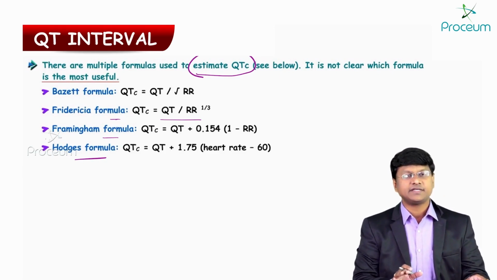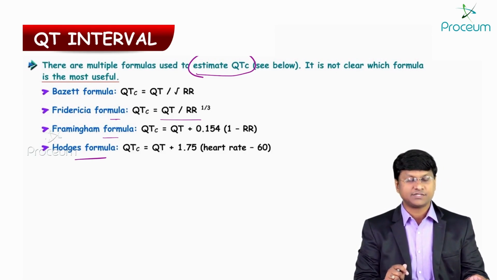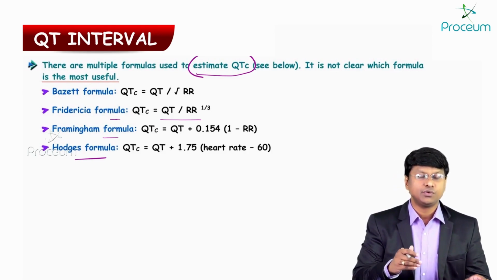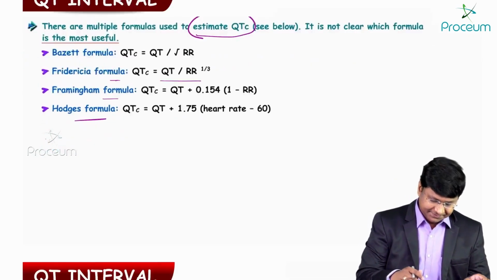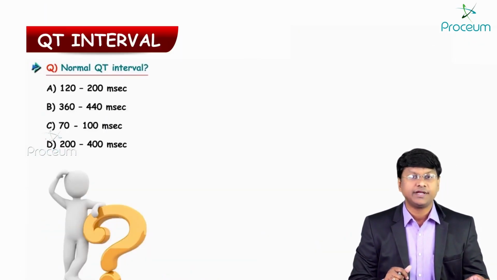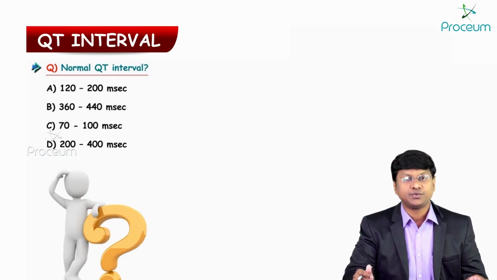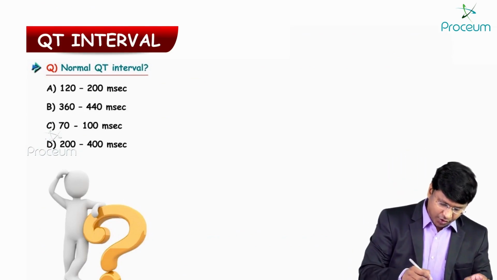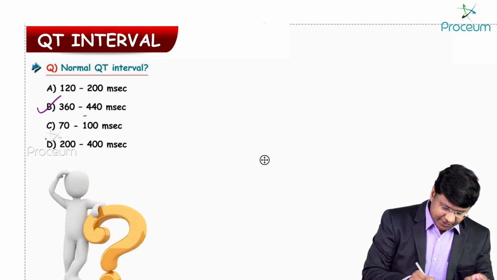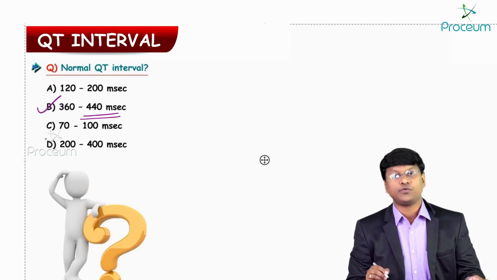Now, after having discussed the various formulas for the QT interval, you need to know how much the normal QT interval is. The question is: normal QT interval is 120 to 200 milliseconds, 360 to 440 milliseconds, 70 to 100 milliseconds, or 200 to 400 milliseconds. The normal QT interval is around 360 to 440 milliseconds.